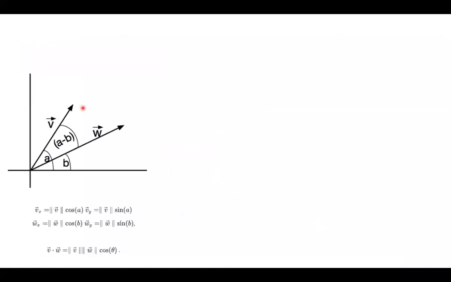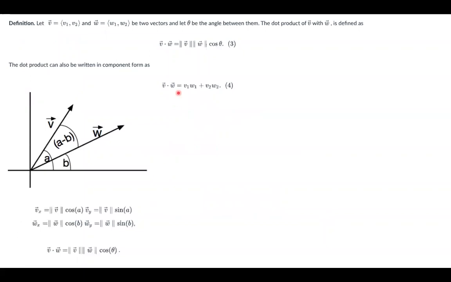So in order to do this, I'm going to start with the picture and the information that we're given, and then remind myself of what the definition is. Let the vector v equal v1, v2, like v sub x, v sub y, and the vector w equal w1, w2, like w sub x, w sub y, be the two vectors, and let theta be the angle between them.